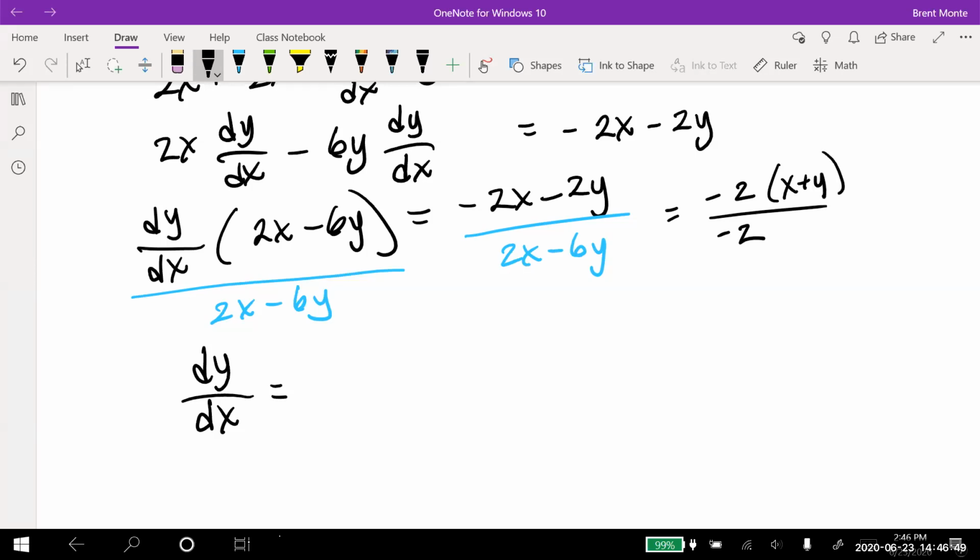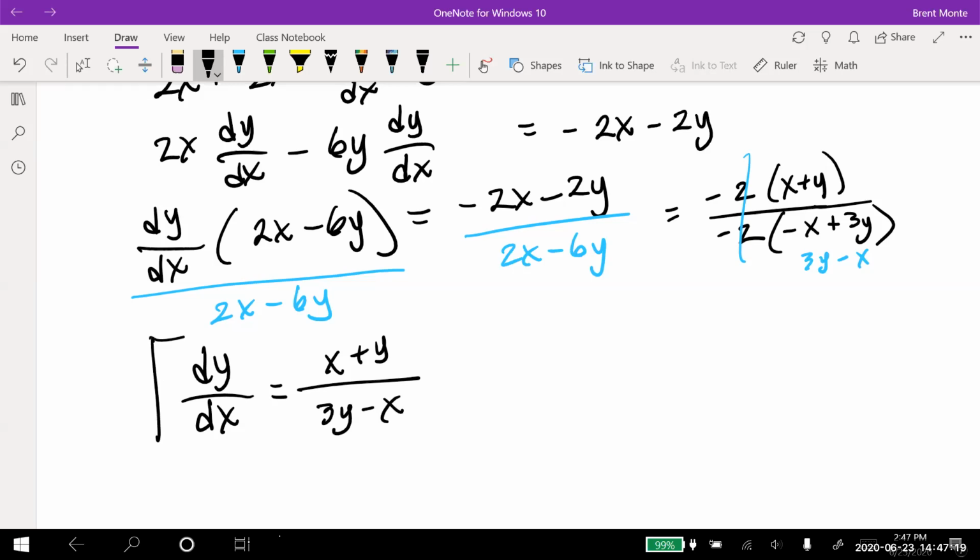And on the bottom, since I factored out a negative 2, it's actually negative x plus 3y. They're actually going to change that order and make it 3y minus x. So now these negative 2's cancel out. And they're going to write the answer as that x plus y on the top, and the bottom is just going to be the 3y minus x.